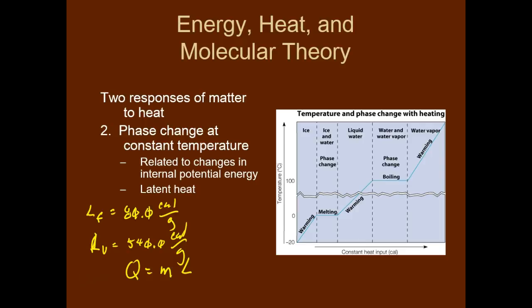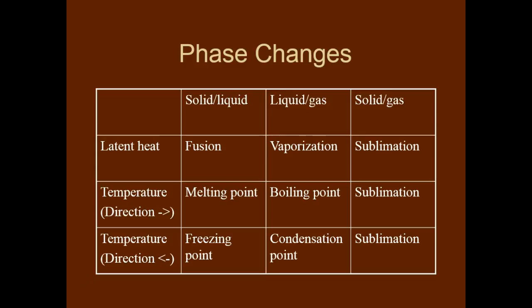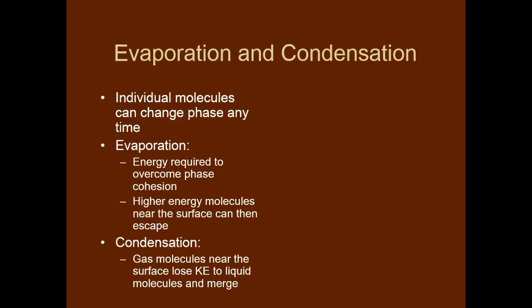Going on down, there's a science sketch there, which we sort of talked about, so you don't need to do too much on it. But there is a table here. I wish they had put it in the book, but they haven't.